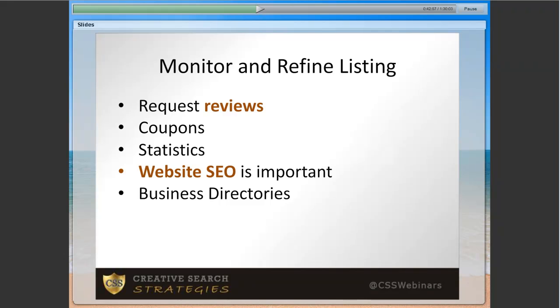So anytime you have a Places listing, you want to get as many citations as you can using the same business name, the same address, and the same phone number that you used in the Places listing. And of course, if you can get a link from a business directory or a website, great. That's just an extra link back to your website. But it's the citation that's important.